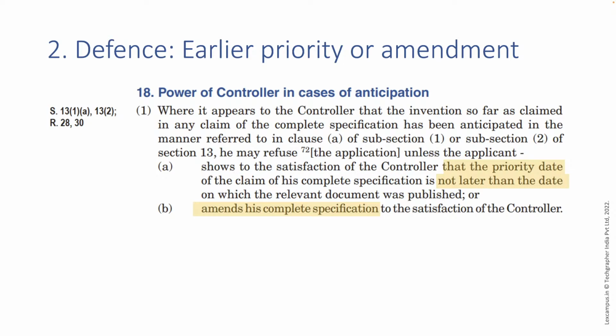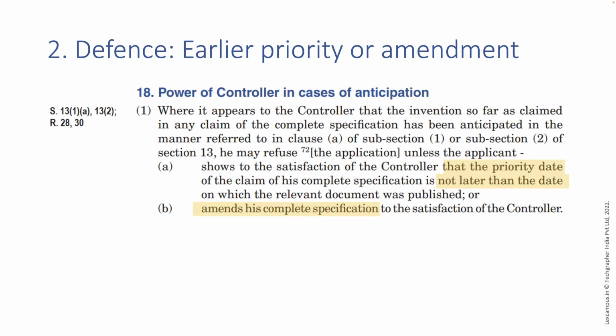And in the patent agent exam, you could have choices where more than one choice is correct. So if they give you this as a choice, argue with the controller stating that the priority date is earlier, which is correct, or amend the specification to the satisfaction of the controller, which is also correct. So you should know that under the Act we have two defenses to anticipation: argue that you have an earlier priority, or amend the application.